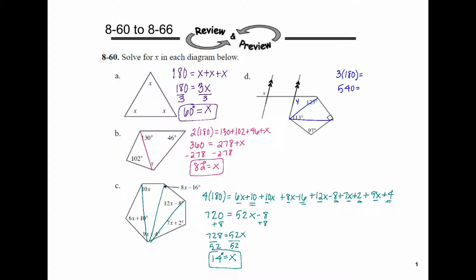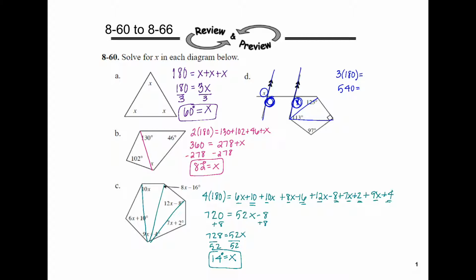We need to solve for this variable right here. We have 2 parallel lines, so these would be vertical angles, which would make this side, because our lines are parallel, corresponding angles.